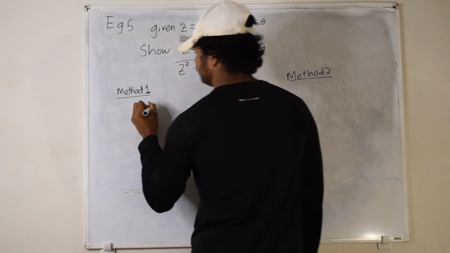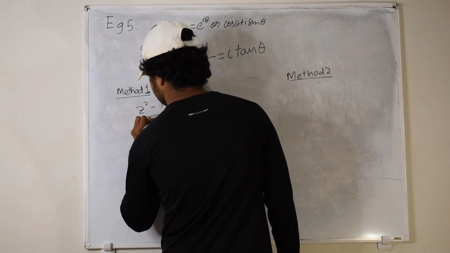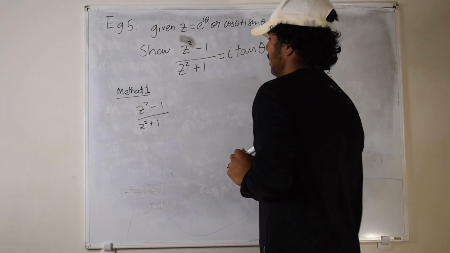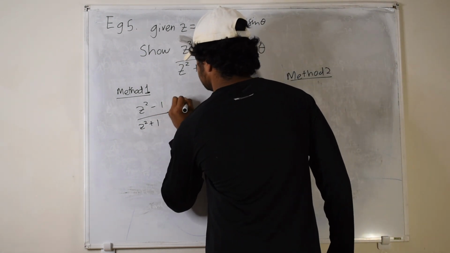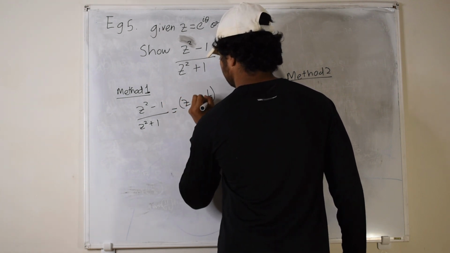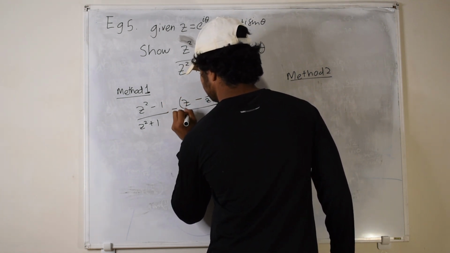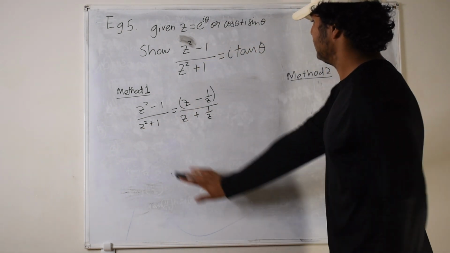This says z squared minus 1 upon z squared plus 1. Another way of writing this is z minus 1 upon z, upon z plus 1 upon z. That's the same as writing z squared minus 1.